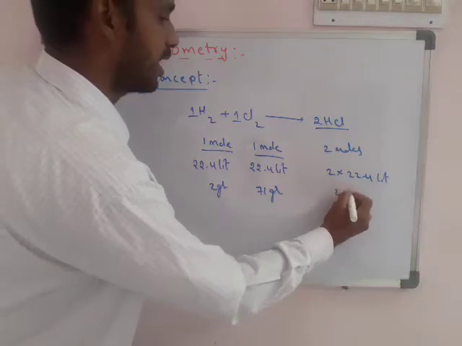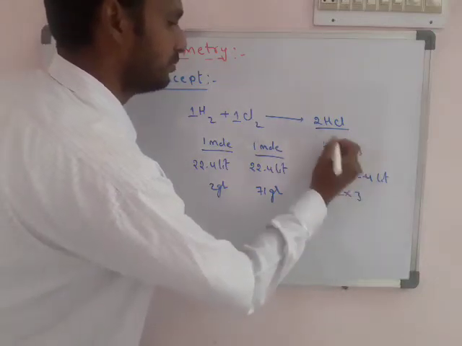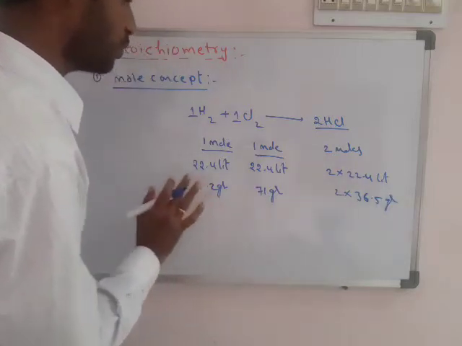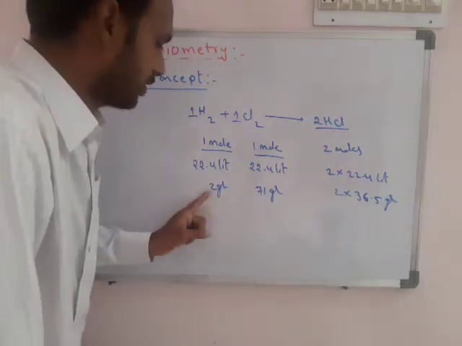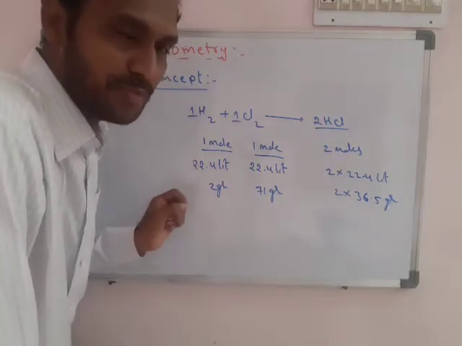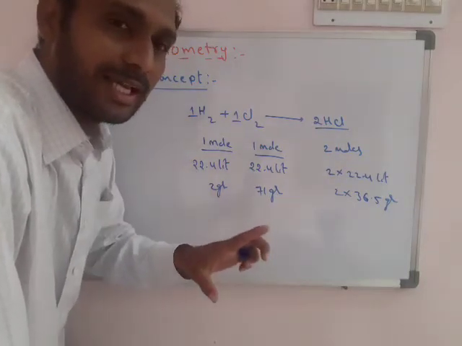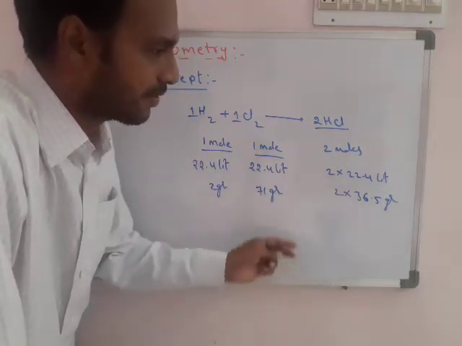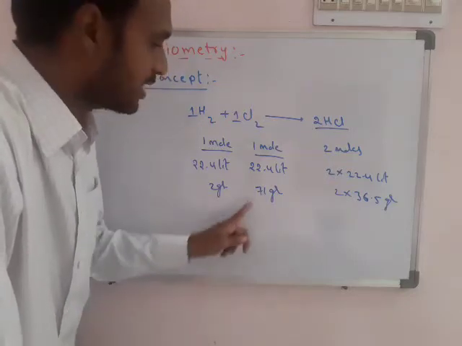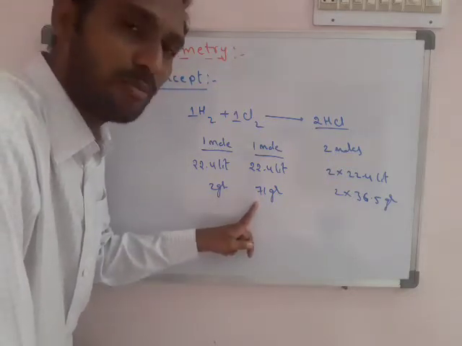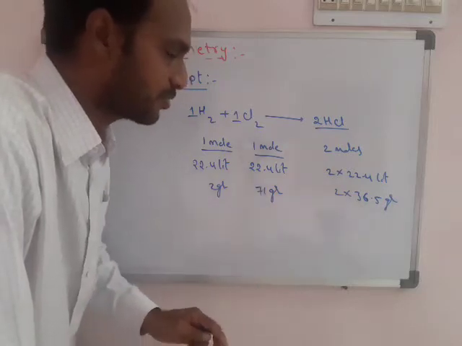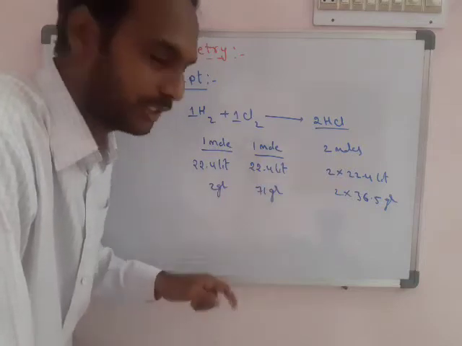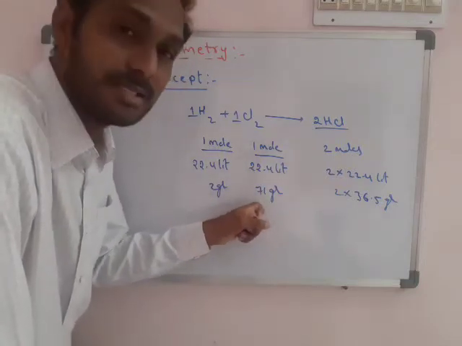And 2 into HCl, that is 36.5 grams each. Means 2 grams of hydrogen gas can form how much HCl? 73 grams of HCl. Same, 71 grams of chlorine can form how much HCl? 73 grams of HCl. Likewise, 2 grams of hydrogen can react with how much chlorine? 2 grams reacts with 71 grams.